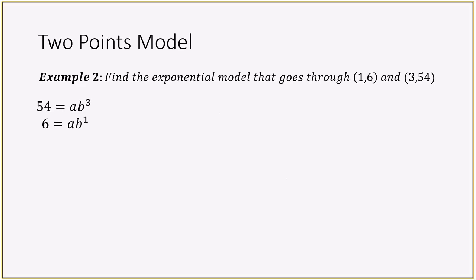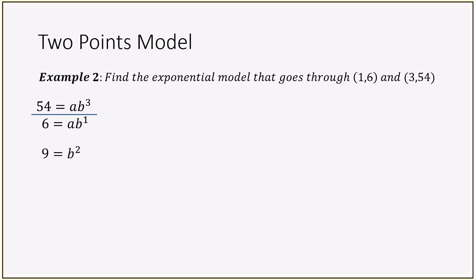Now, while I don't know my a, I have two separate equations, and when I have two equations and two variables, I try to shrink it down to one equation. So I'm going to do that by dividing the second equation by the first equation. That's where that setup becomes important, because if I divide this out, then 54 divided by 6 gets me 9.